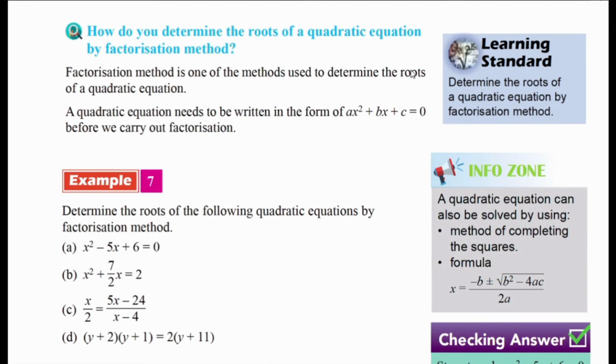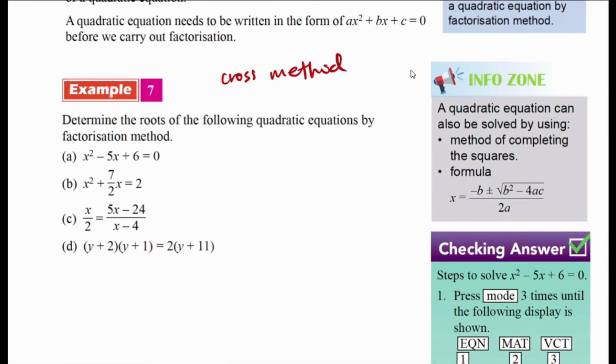Before this, you learned in Form 2, Chapter 2, how to factorize by using the cross method, right? But before this, you just factorized the quadratic expression. This time, we need to find the value of x.